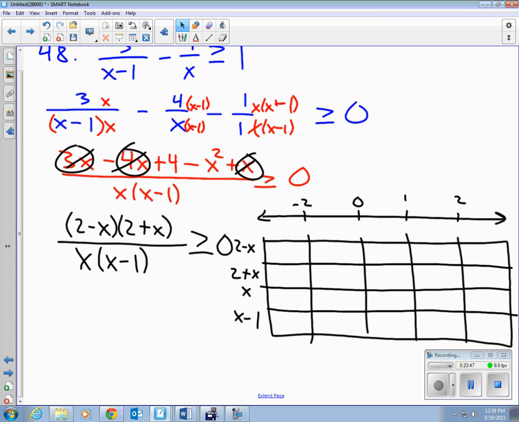You can finish it off from there, but raise your hand if you made a small mistake up in this part right here. Yeah. It'll work out the same, but 4 minus x squared factors are 2 minus x and 2 plus x. You should still get the same thing.